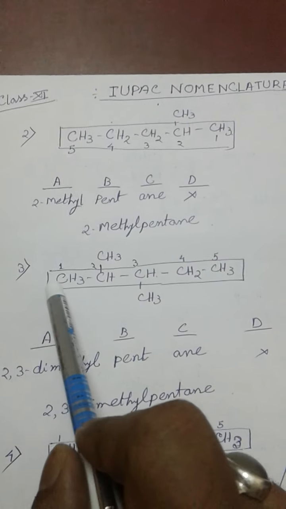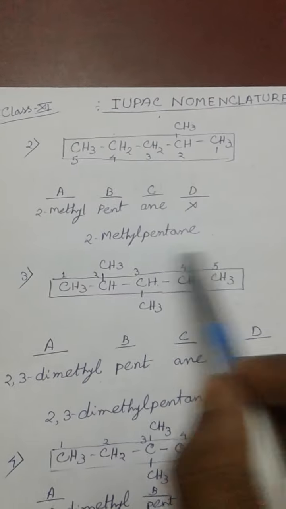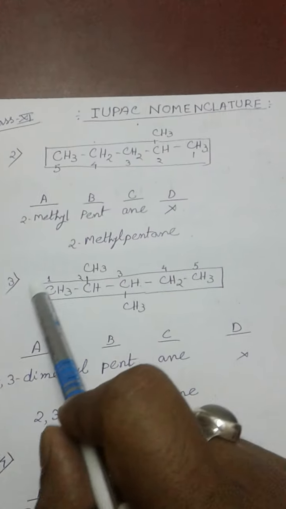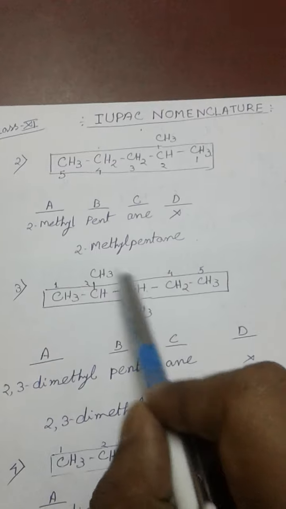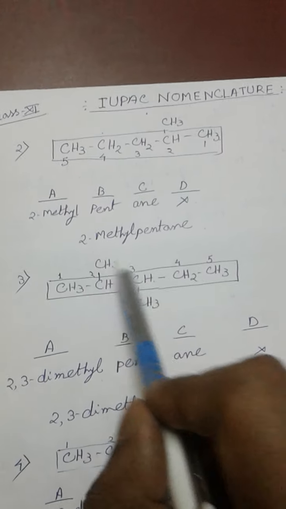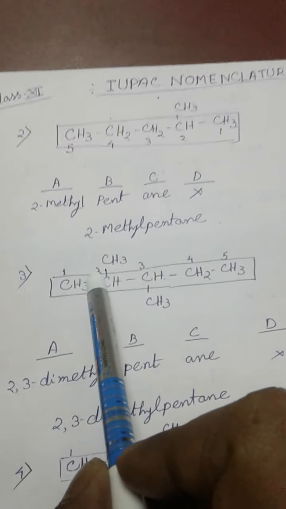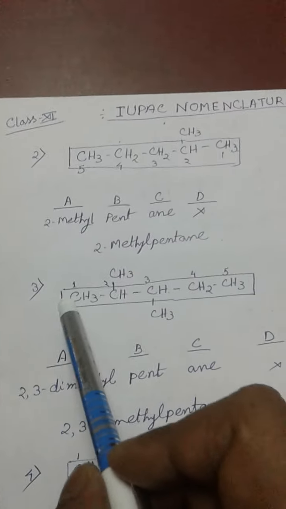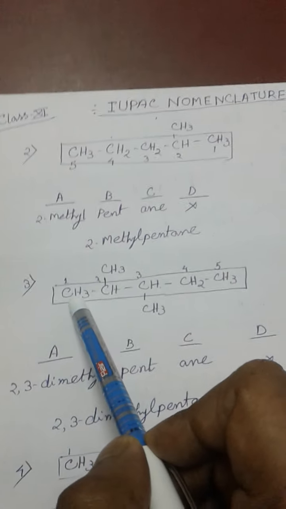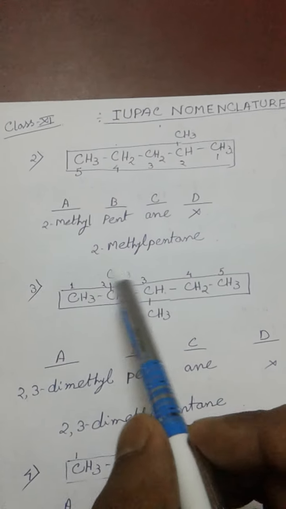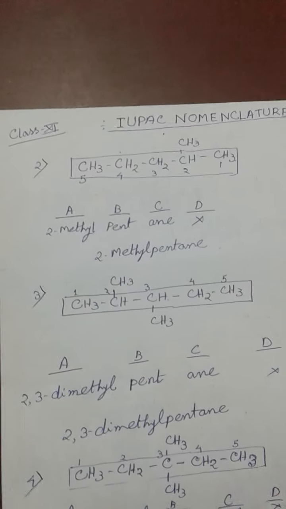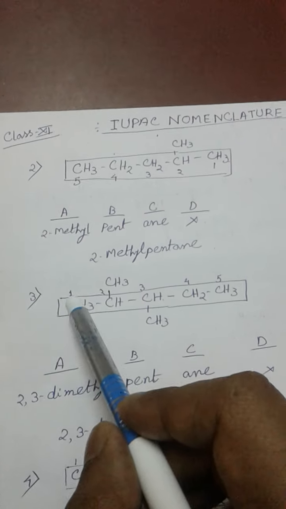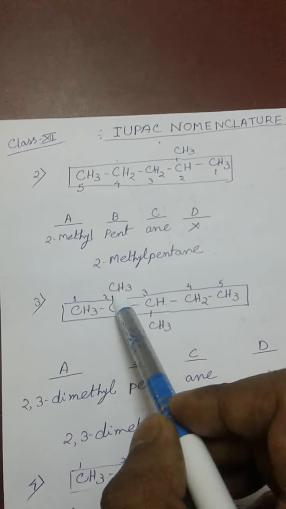The next example is this, and the main chain is also within the box, and there are 2 side chains present, and both are methyl. As the rule says, the side chains must take the minimum locant, so we must start from the left side, and the side chains get locants 2 and 3.